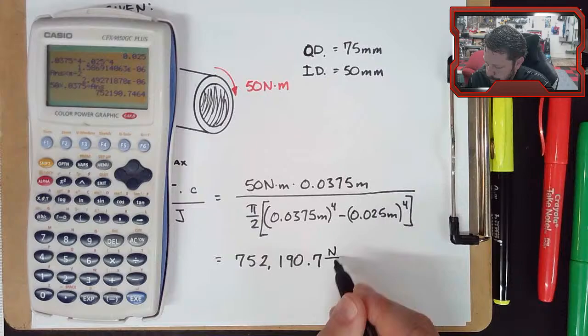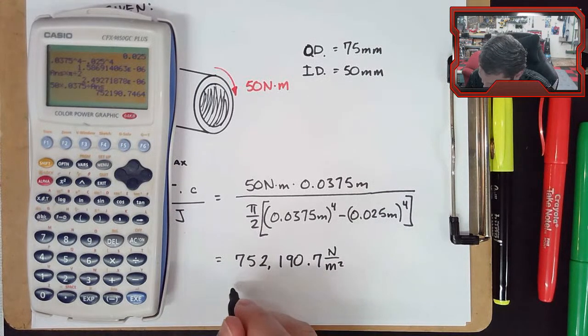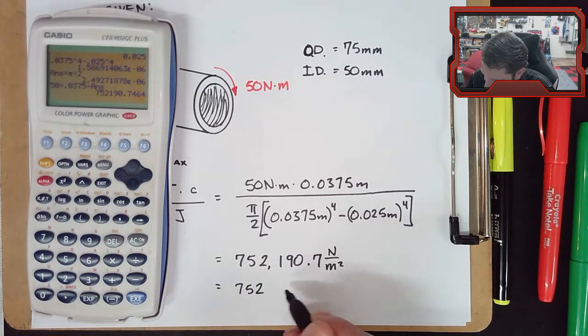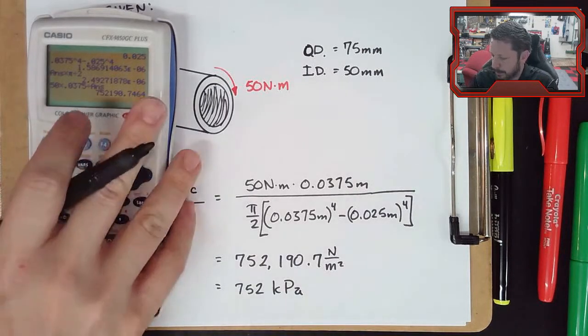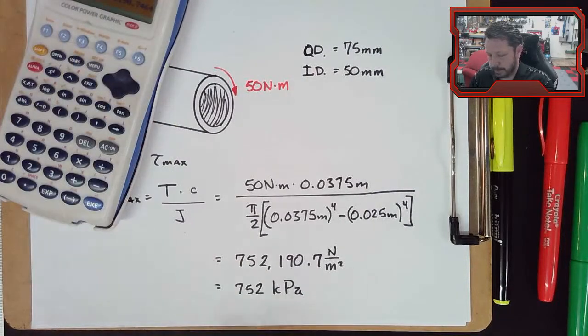So this is newtons per meter squared, which is a Pascal. So we have 752,000 pascals, so kilopascals.